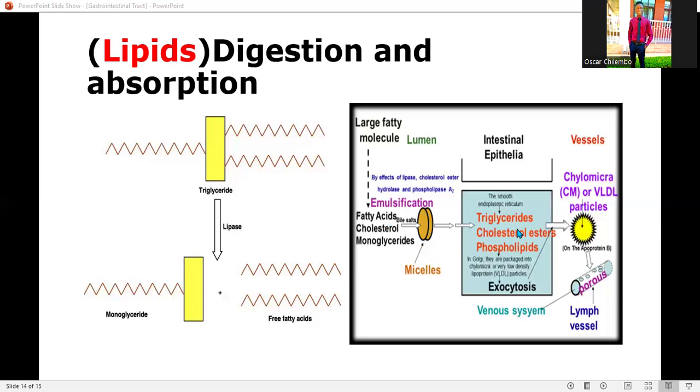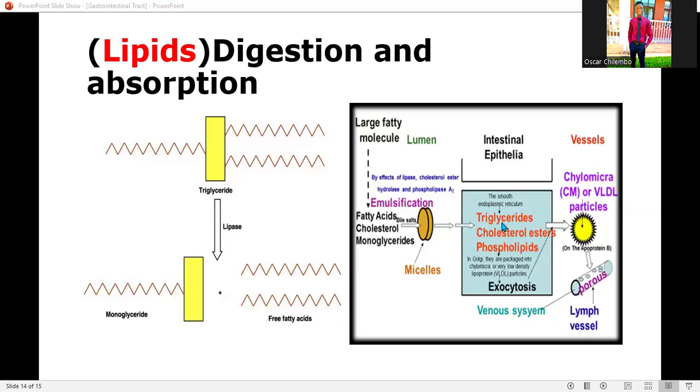Of course, there are some small lipids like phospholipids, smaller molecules, that can easily diffuse from the intestinal lumen of the jejunum into the enterocyte. So once these components have reached inside, these are individual components.